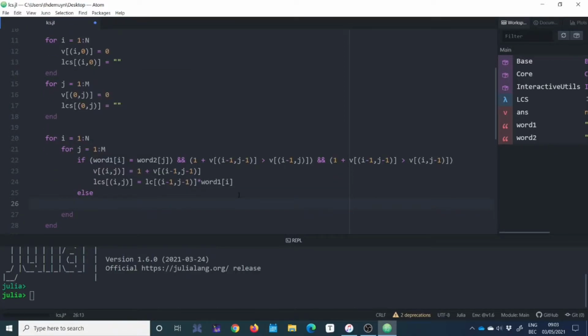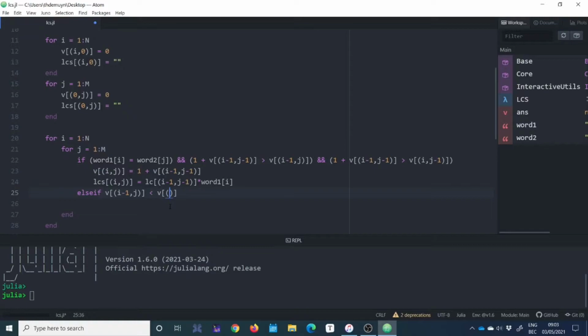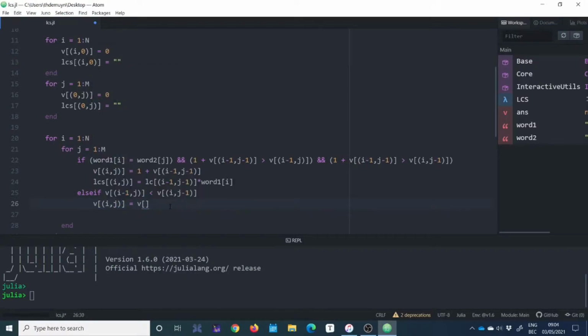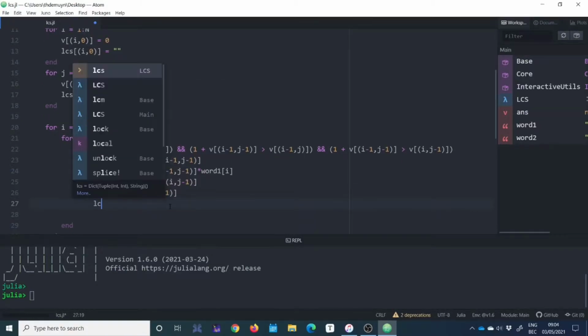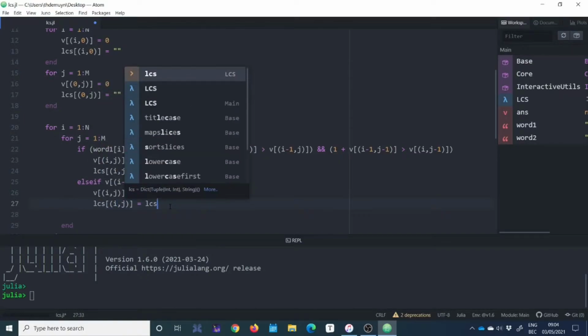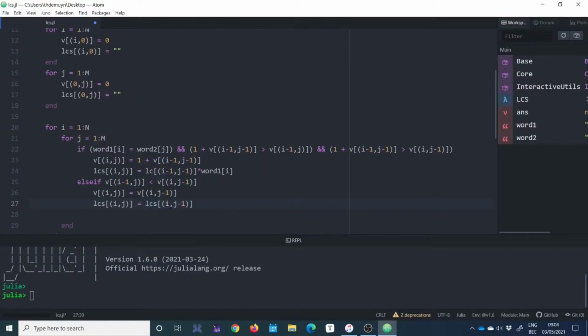Then else if, okay. So if this is not the case, but v i minus 1 j is bigger than v i j minus 1, well then v ij, I'm going to put it to v i j minus 1, and the longest common substring of ij is going to be longest common substring of i j minus 1.